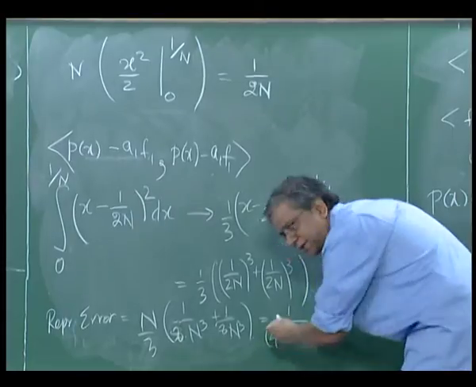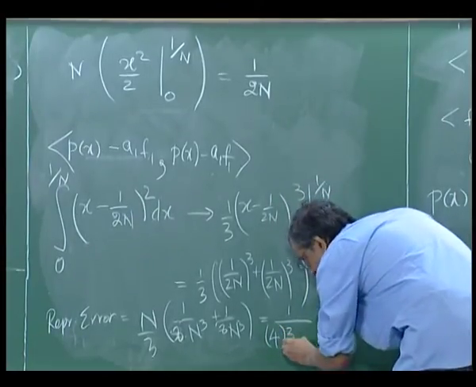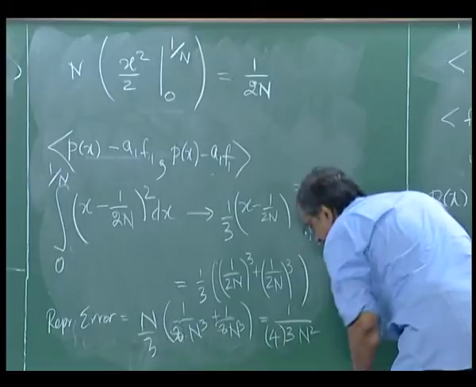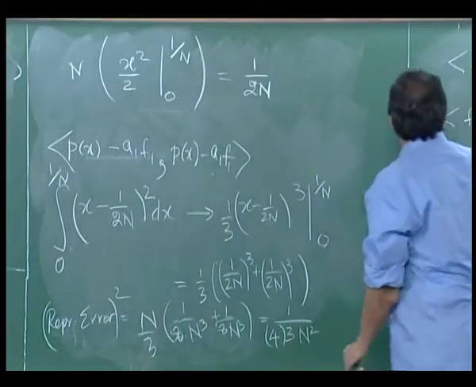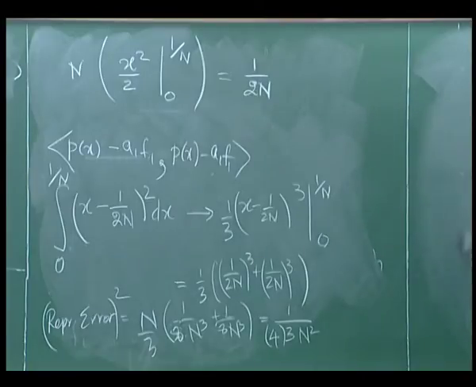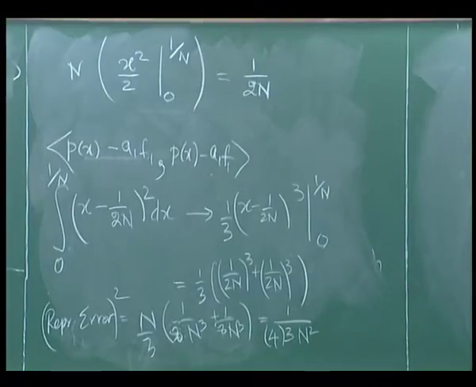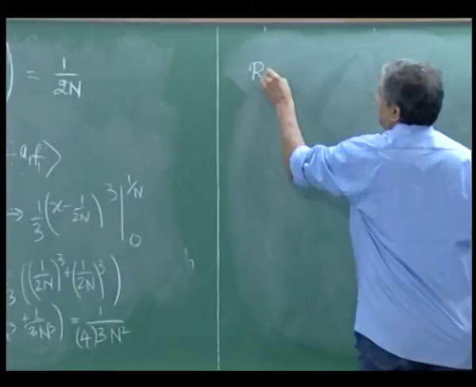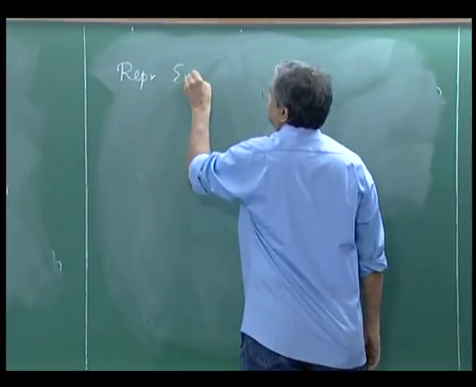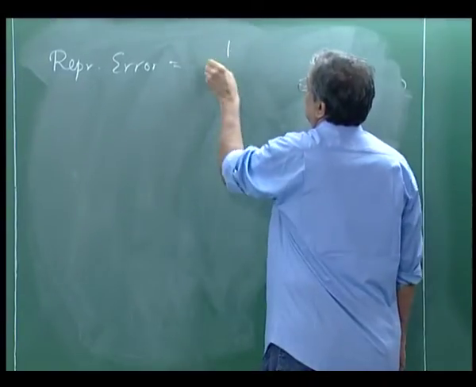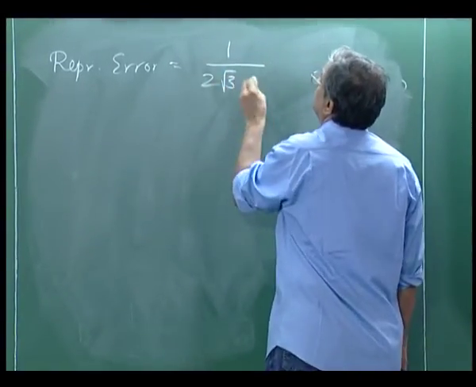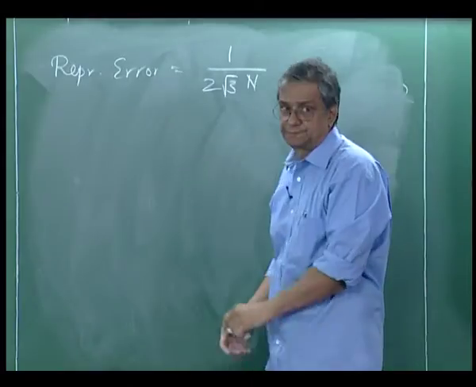I am deliberately leaving the 4 out because I plan to take a square root. This is the representation error squared, and therefore our representation error is one by 2 cube root 3 times n. Is that fine?